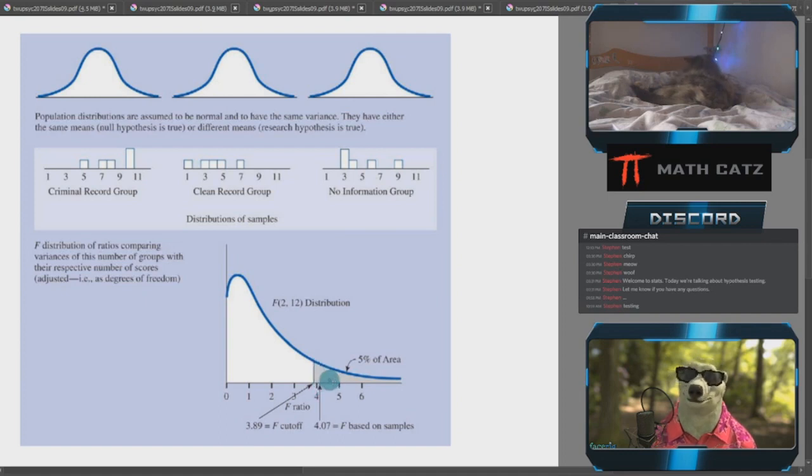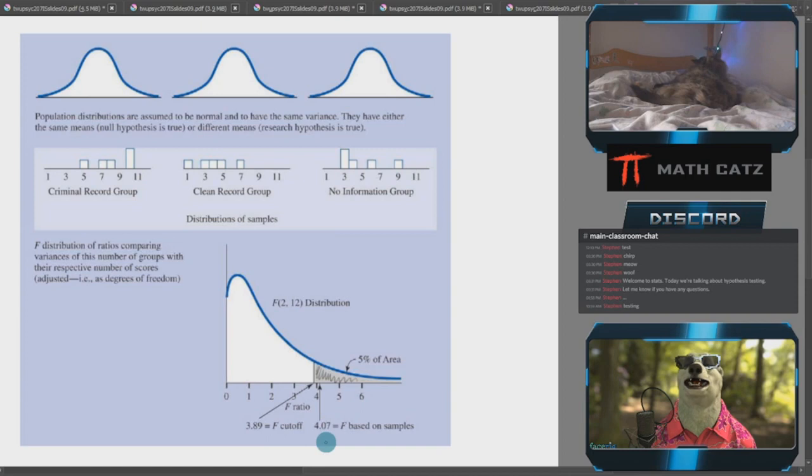If we choose an alpha of 5%, it is past the cutoff, showing that a ratio like that is unlikely to happen if the populations were identical, as we assumed.